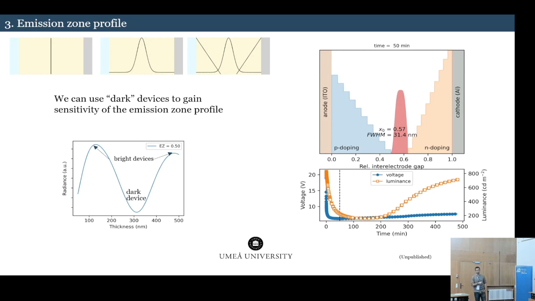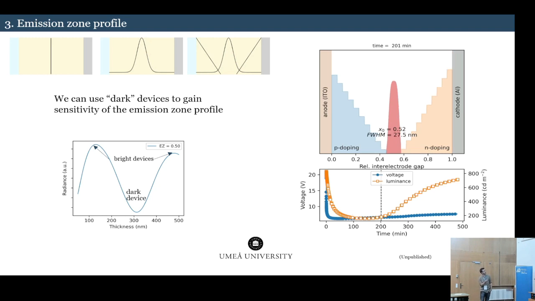Without going too much into detail, we had to include doping, because when we have this electrochemical doping, these P-doped and N-doped regions, we also change the optical properties. So when we build our model, these optical properties need to be accurate, so we need to add these doping profiles somehow. Anyway, when we do that in this dark device, we see a strong shift in the emission zone, and strong changes in luminance, and this is due to the emission zone shifting.